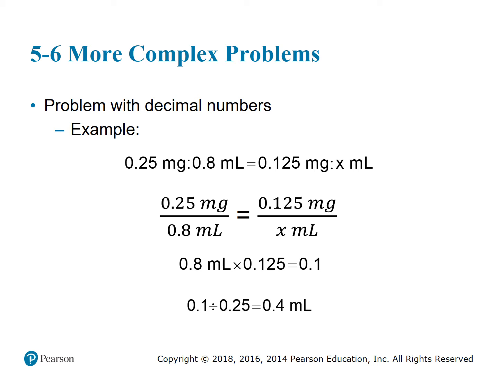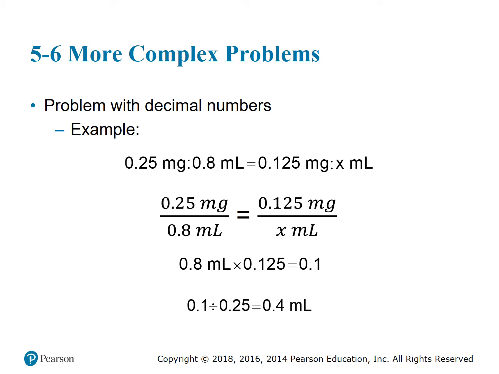Okay, so we're just going to set this up the same. Remember, if it helps you to just initially do a separate fraction with milligrams over milliliters equals milligrams over milliliters. Then plug in what you know on the left side of the equation and then plug in what you don't know on the right side. So that's what they've done here.